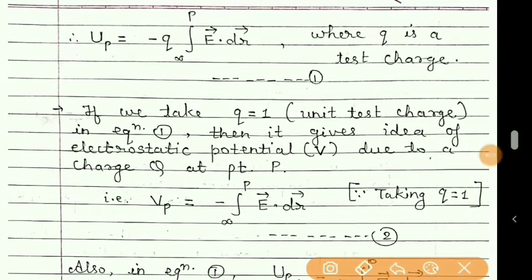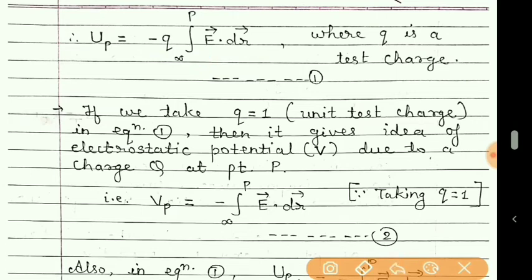In that previous step, this charge q is constant, and so it is taken out. Why is this electric field not taken out? It is because at different distances or different points, electric field is different, and so electric field is not constant in this case. The constant is charge, and so it is taken out.